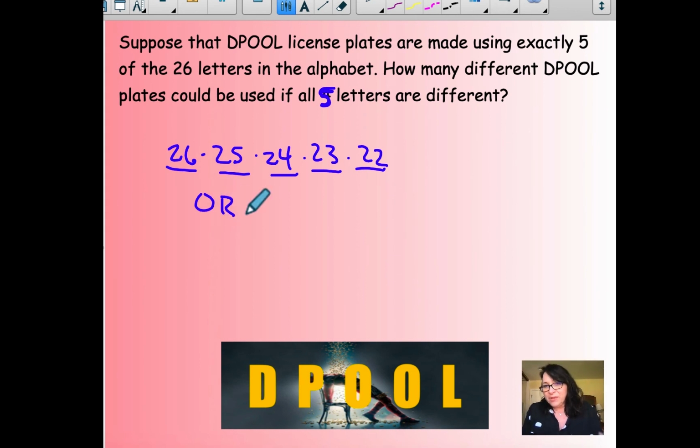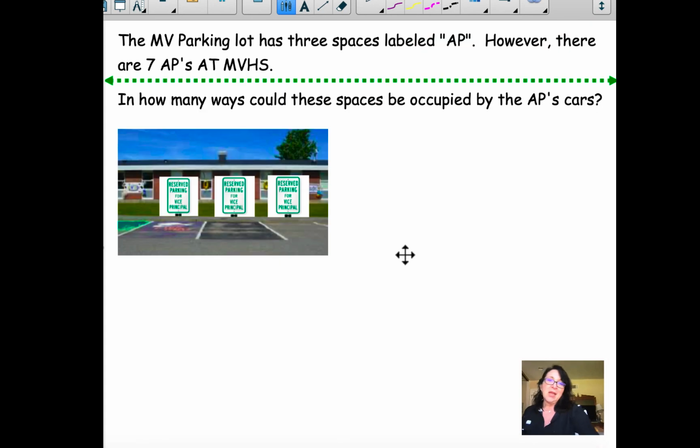This is the same thing as 26 permutations of 5, because the order will matter and you can't use the same letter more than once. Doing this, I want to say you end up with 7 million or more. So you guys can work this out, okay?